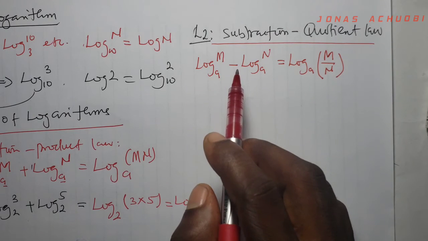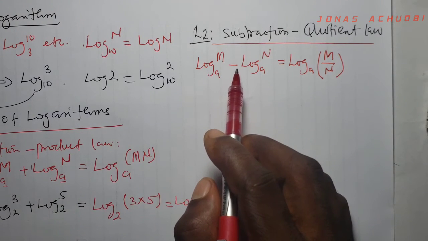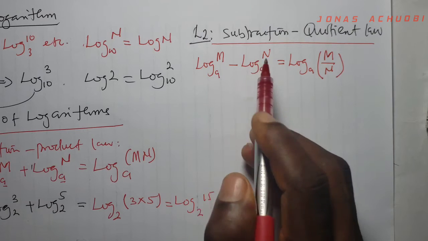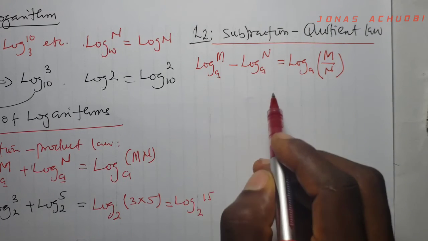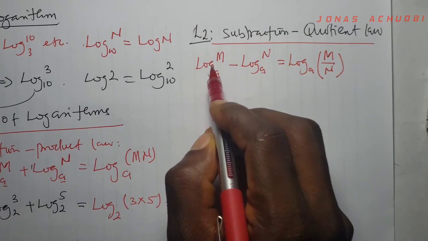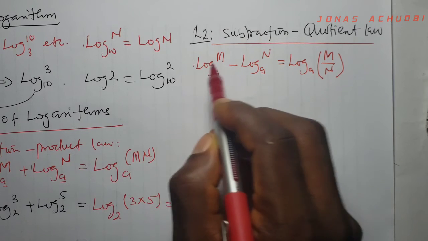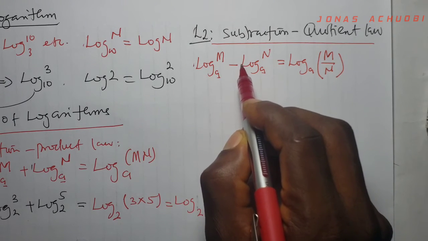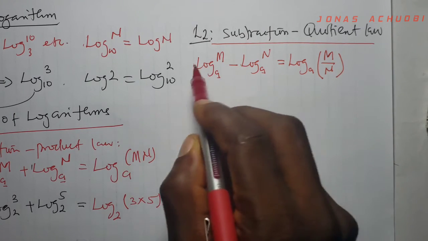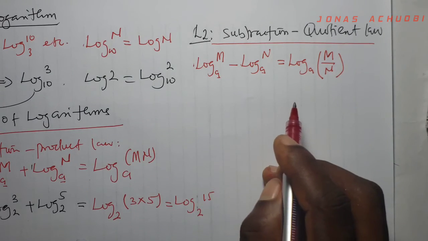Again, the same rules will apply here. Number one, both logs must be of the same base, base a and base a. And again, the coefficient of this log must be 1, and this one also must be 1. If that happens, we can apply law number 2.